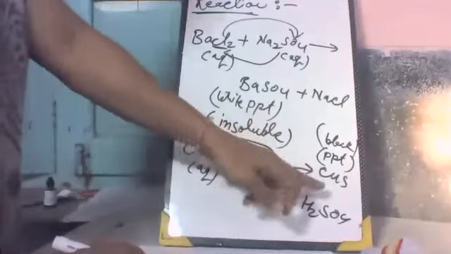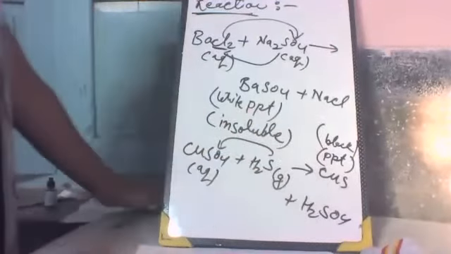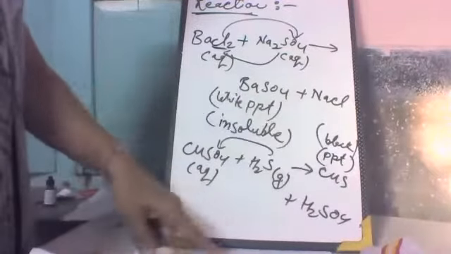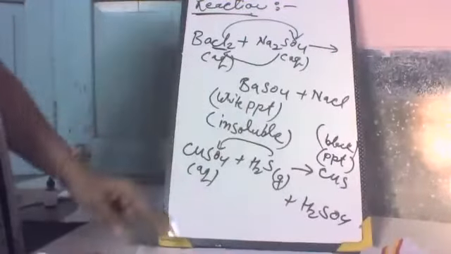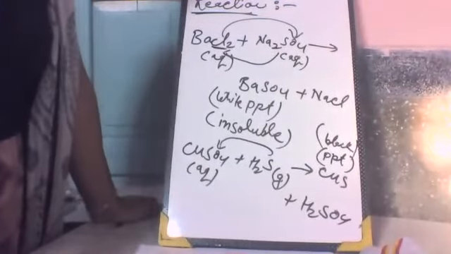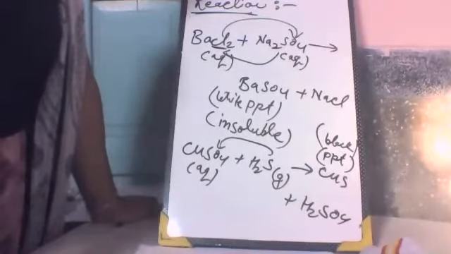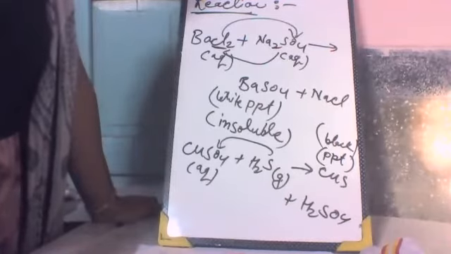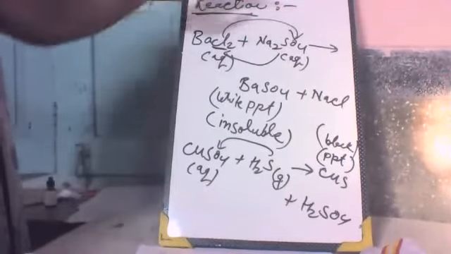The precipitate of copper sulfide is black in color and insoluble in the solution, and settles down at the bottom after some time. Precipitation is the formation of a solid when two solutions are mixed.